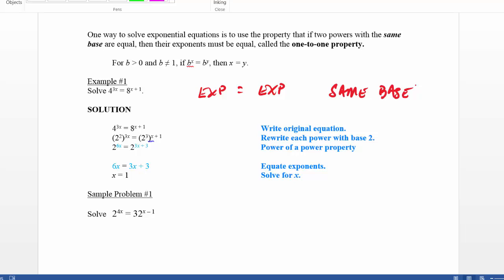Now you can see the one-to-one property says if we have an equation where the bases of the exponentials are equal to each other, we can simply say that the exponent parts are equal to each other, and that's where we get 6x equals 3x plus 3. And then we can simply solve for x there. So go ahead and try sample problem number 1 real quick, and then come back and take a look at the solution.